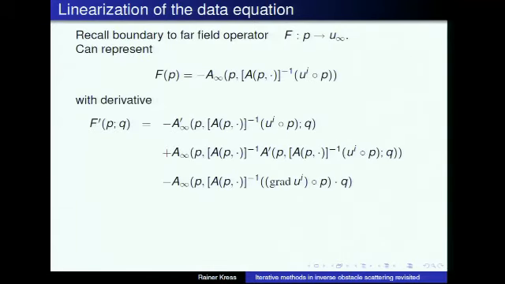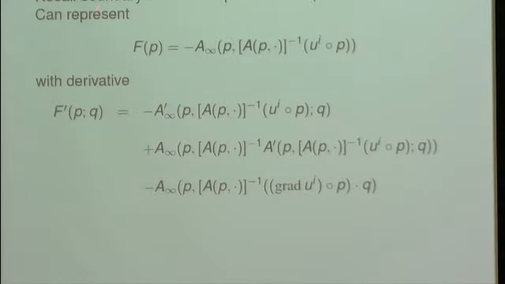The P occurs at 1, 2, 3 locations, and you have to differentiate with a product or chain rule, whatever you want to call it. And what we see is the derivative consists of 3 terms, and this is the derivative that occurs in the linearization of the far field equation.